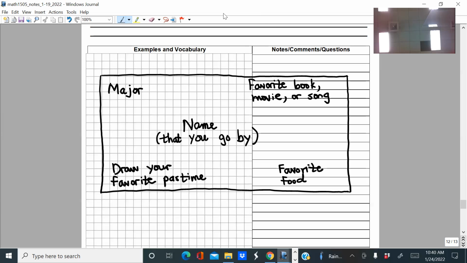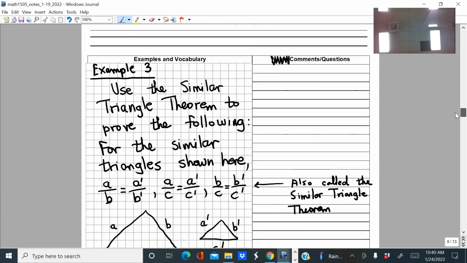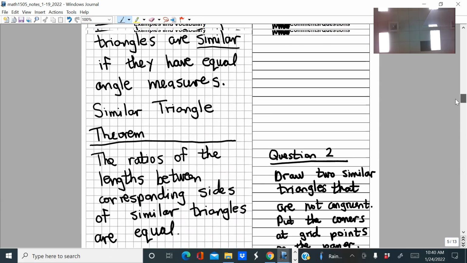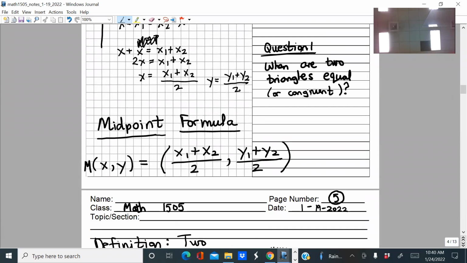Okay. All right. So we're going to go back now and back into the notes, where we left off last time and continue. And last time we had mentioned, remember, there's the midpoint formula in the notes, right? Okay. So last time we had mentioned that when you have two triangles that are identical to each other, those are called congruent triangles, but you can also call them equal triangles if you want to.